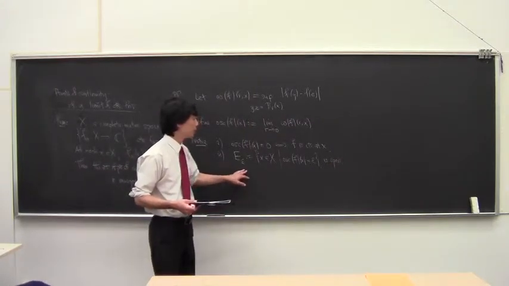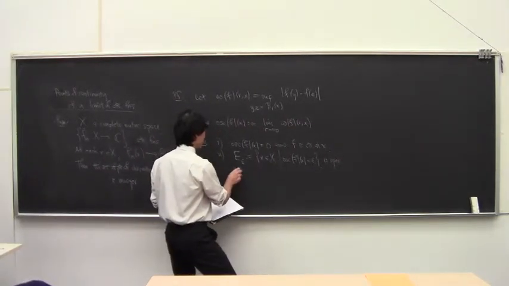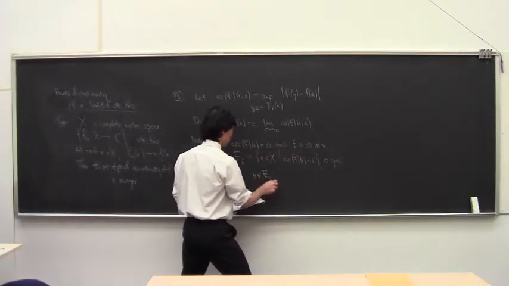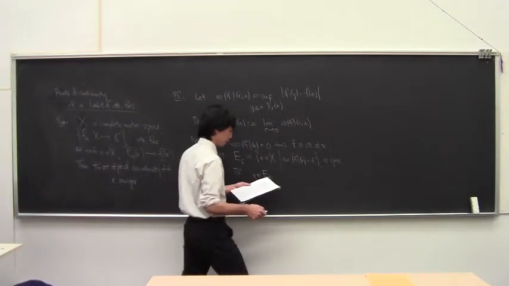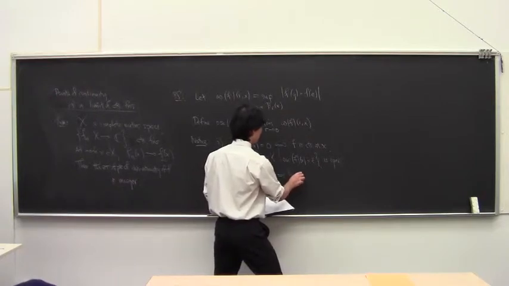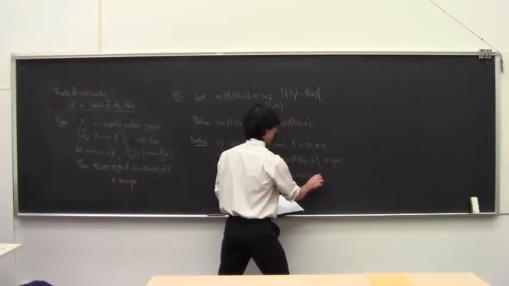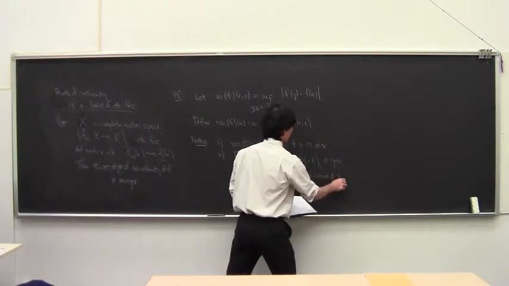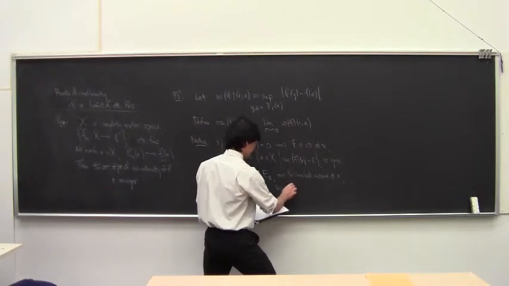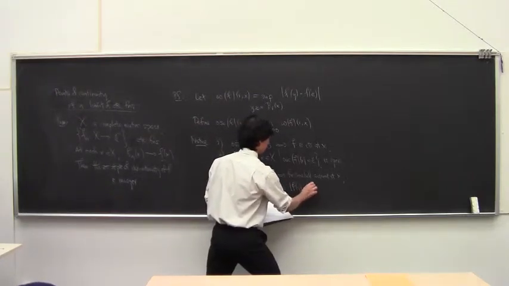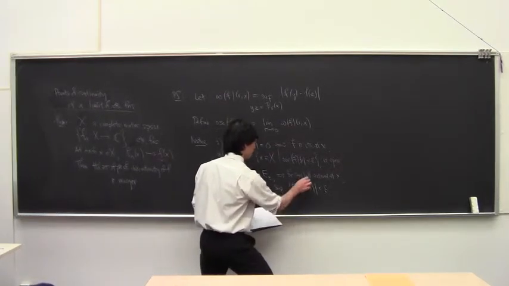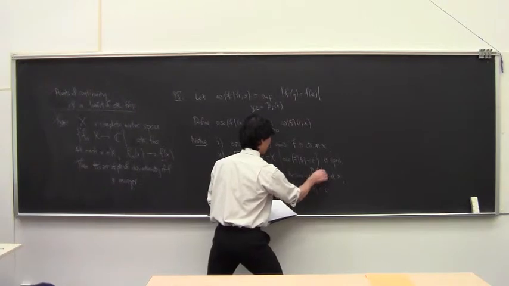Because if you have some point x in E sub epsilon, then you know that for some ball B_r centered at x, the supremum of |f(y) minus f(z)| is smaller than epsilon for all y, z in that ball.